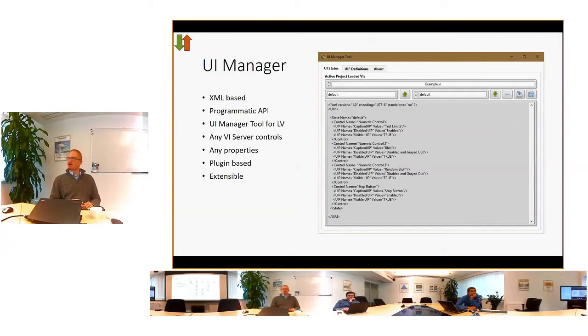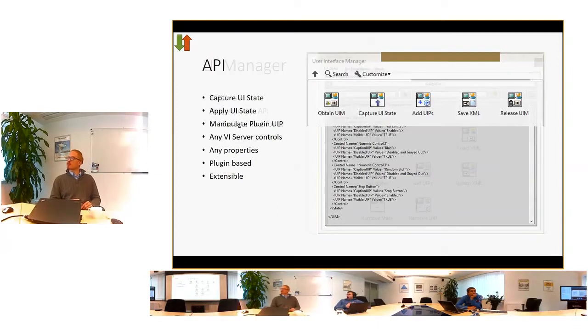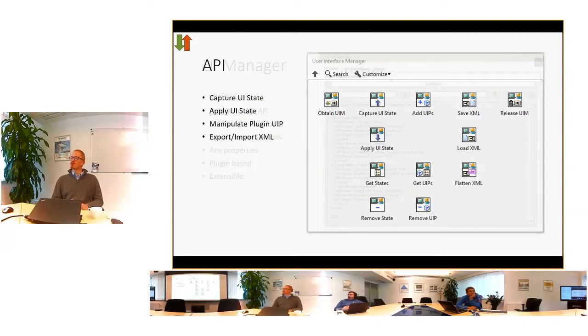The API for the tool looks like this. So with the API, you can capture any user interface state. You can apply any user interface state. You can manipulate the plugins that are used for extensibility.